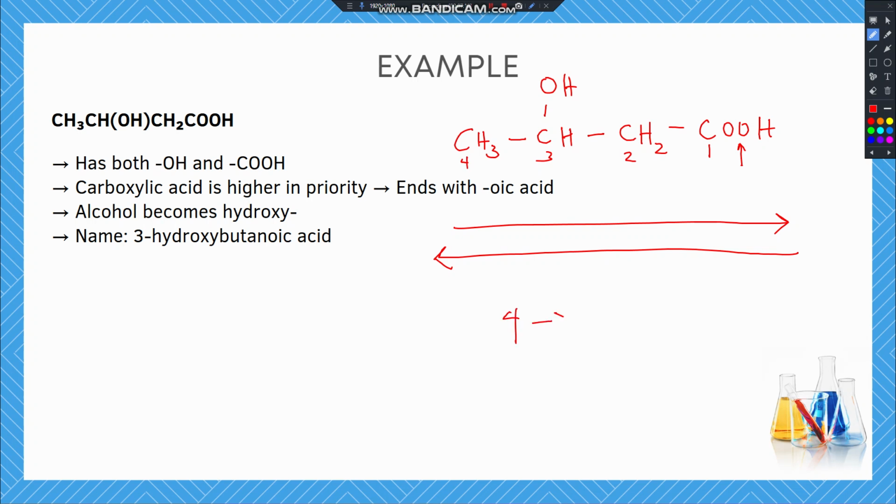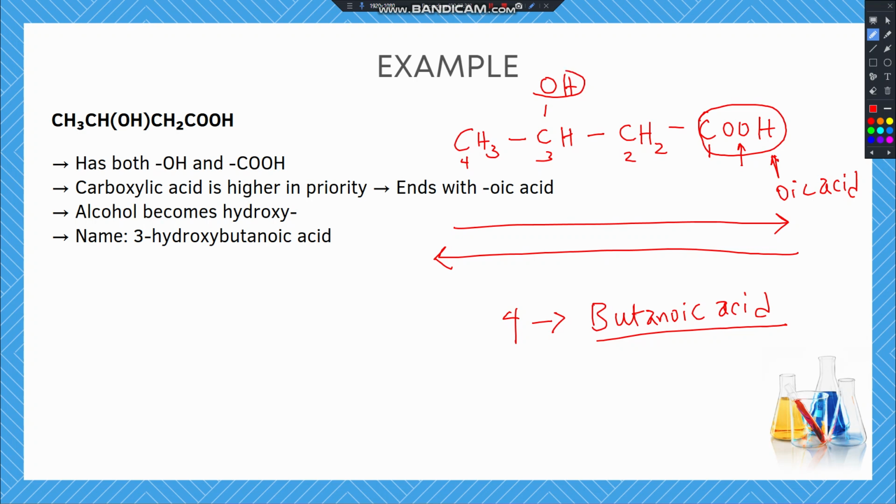4 carbon atoms tells us that we have the name but, or but, whichever way you choose to call it. So now this is the priority functional group. That tells us that we're going to be using the suffix oic acid. So we have butanoic acid as the base name. So that means we're going to be treating this other functional group as a prefix.